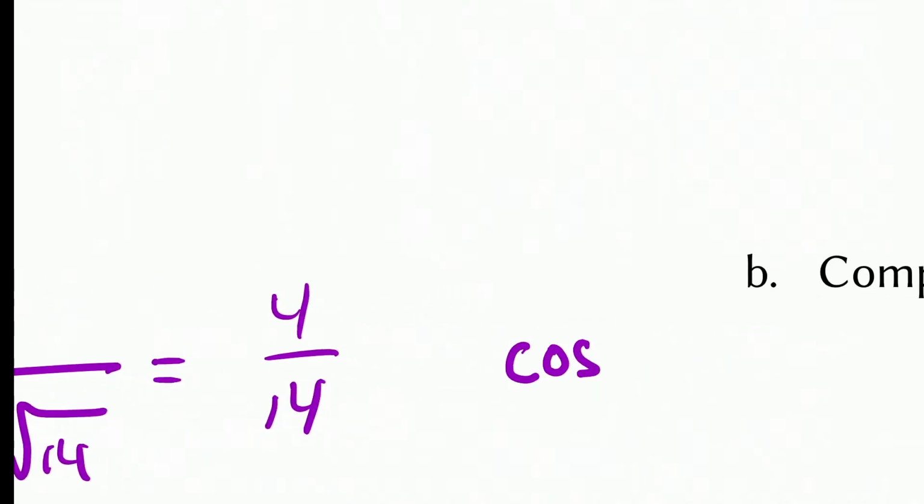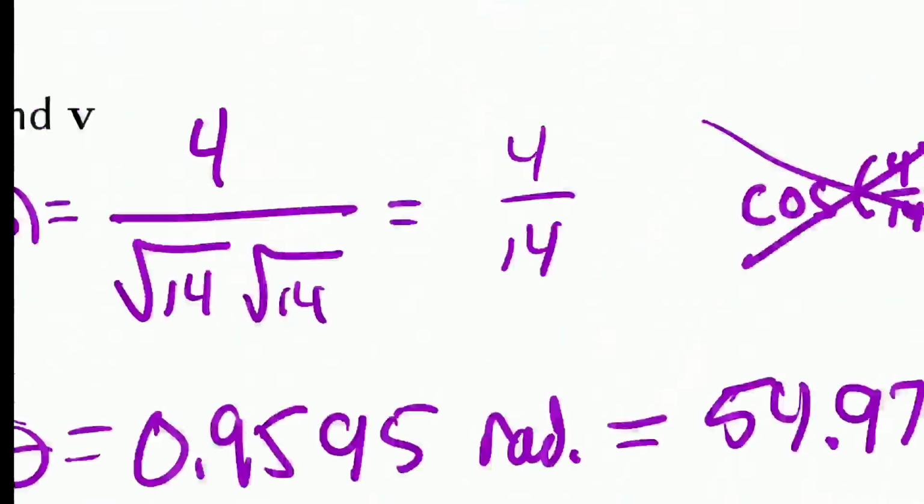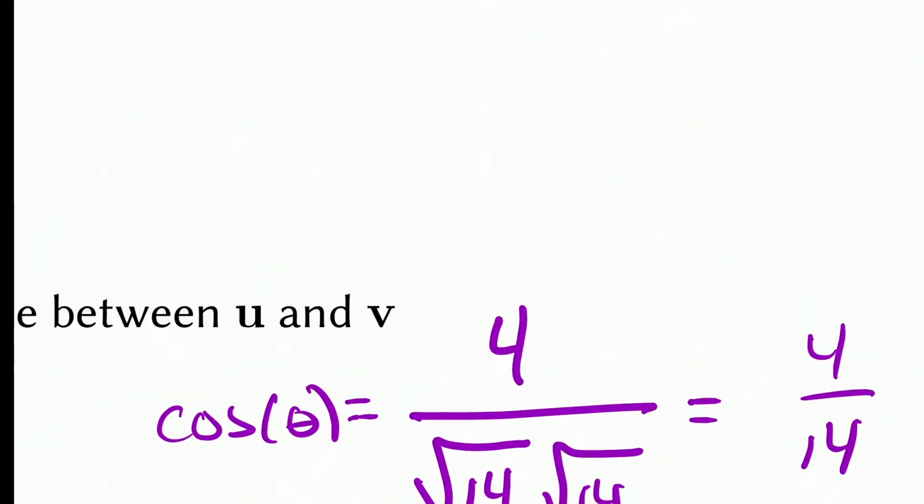I computed the cosine of 4. It's so dumb. Okay, so there's my answer, which is not right. So I should have done the inverse cosine. Okay, so let's try again. Let me do it. Inverse cosine of, how embarrassing, of 4/14 is 1.28.